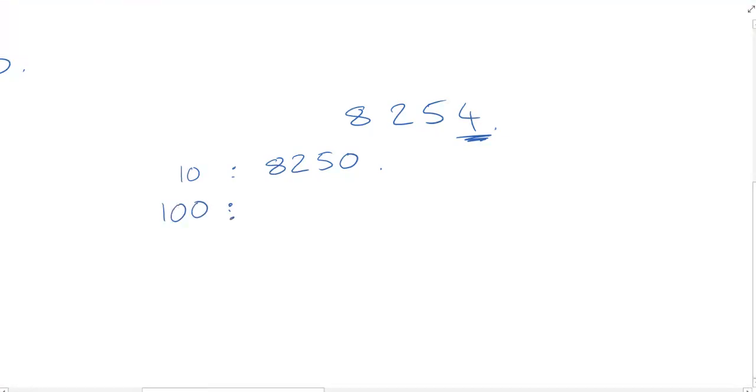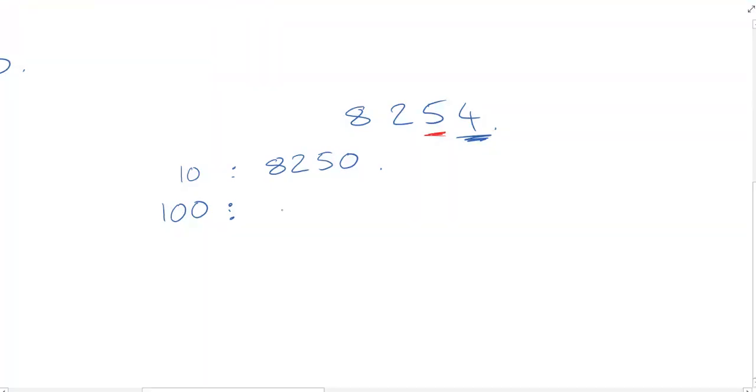Now we're going to round to the nearest 100. So to the nearest 100, we've got a clear choice again. We need to have either 8,200 or 8,300. Now, in this particular case, the 5 is the thing that's helping us to decide. 54 is going to round up. Anything with a 5 there is going to round up. It's closer to the 8,300 than it is the 8,200.